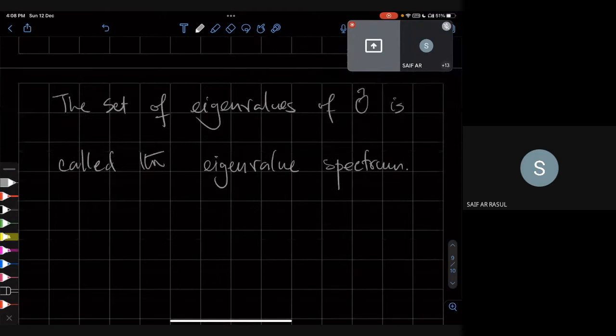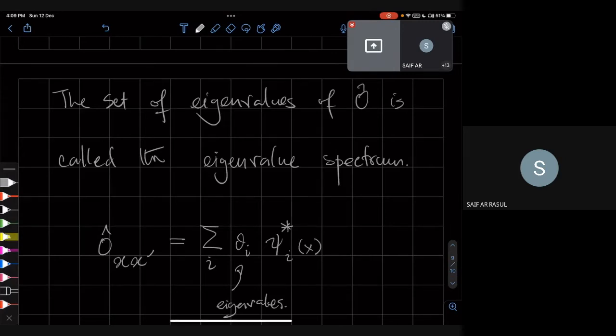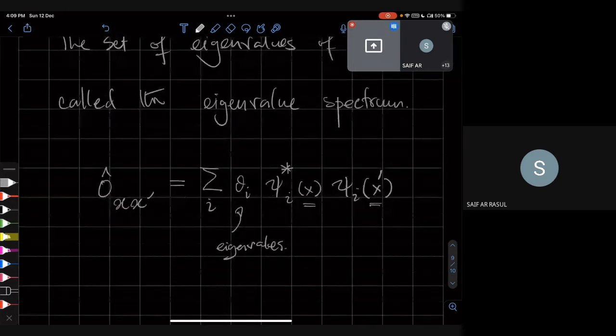If we have this, then the operator O, its matrix elements, can be expressed as a sum, and the sum can be a discrete sum or a continuous sum, but let's just use the discrete sum notation, where we have the eigenvalues multiplying the complex conjugate of the eigenvector times the eigenvector, with this x and this x prime. So this is the spectral decomposition theorem.